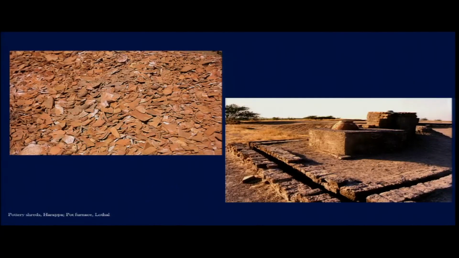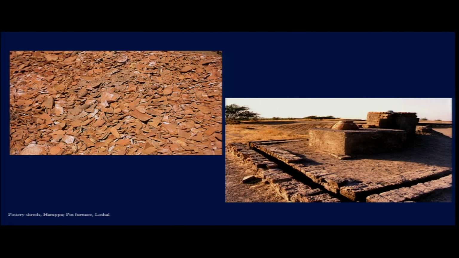Another thing that we find there is the pottery shreds. Of course it can be discarded material, but there have been some areas where a huge amount of pottery shreds are found, and that suggests that this is not just one site being destroyed and all the shreds collected in one place. It seems like there were dumping grounds, the way we see today, where the things we abandon we throw away to a particular place.